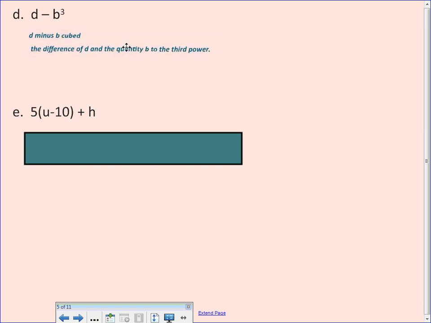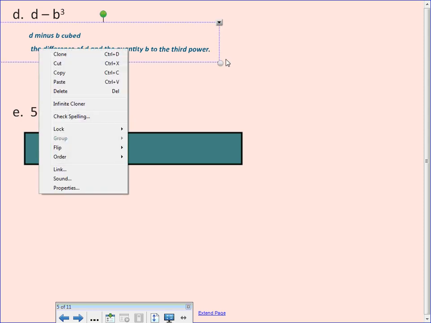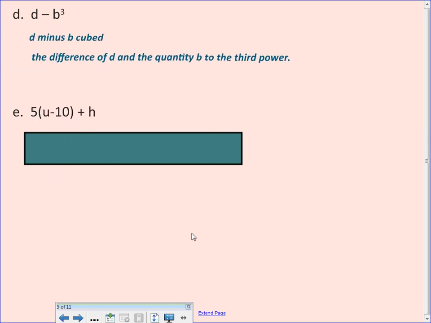What about D decreased by B cubed? Don't forget we could say to the third power as a choice also, the difference of D and the quantity B to the third power.